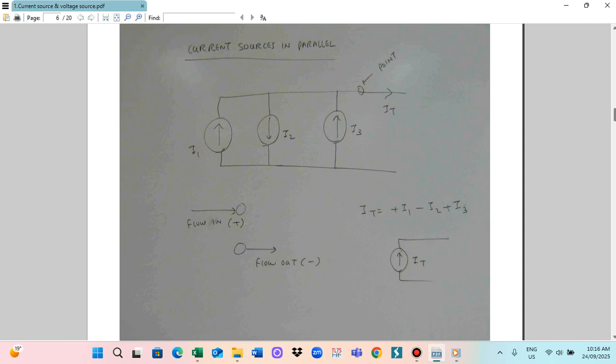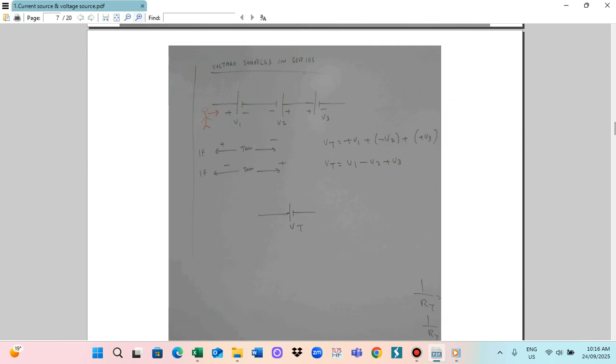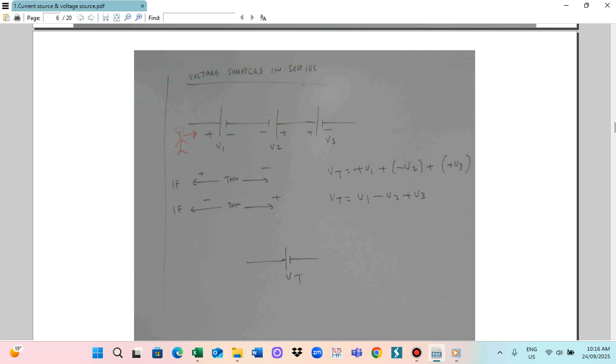By this way you can find the total current. Instead of representing all three current sources, the whole can be represented by a single current source ID, which you calculate as I1 minus I2 plus I3. So this is for current sources in parallel.